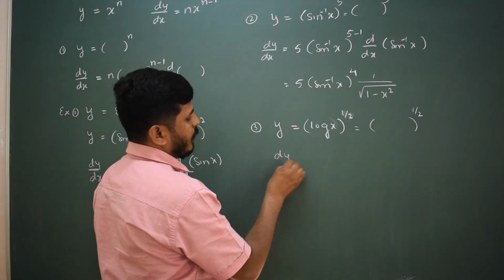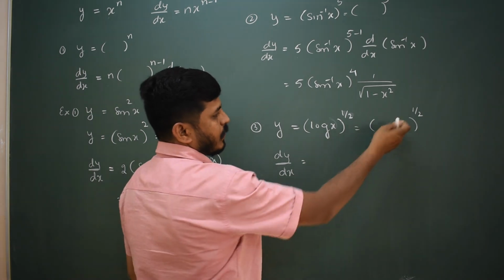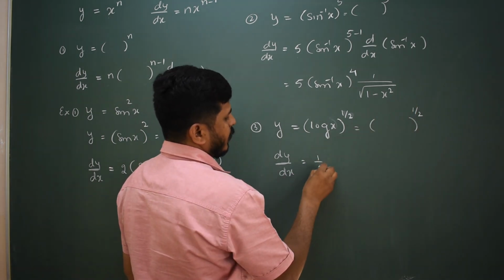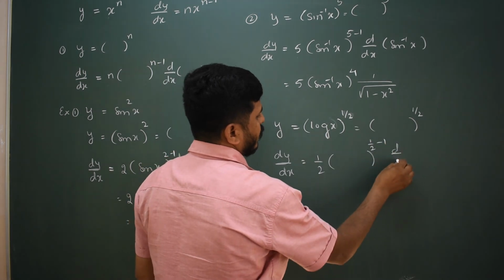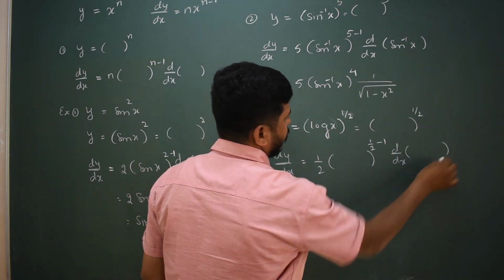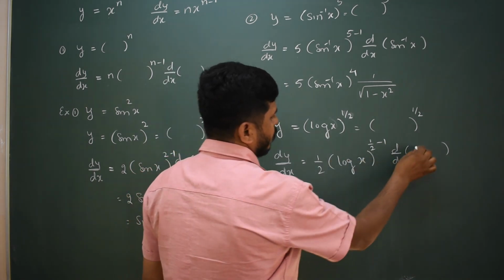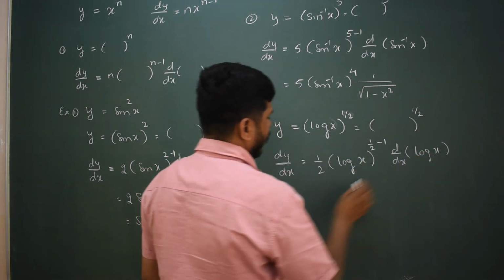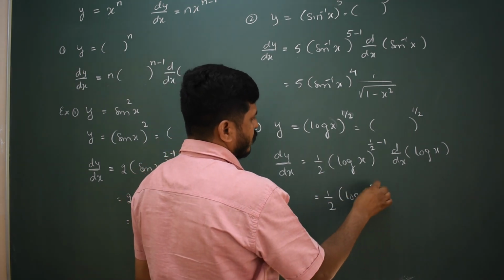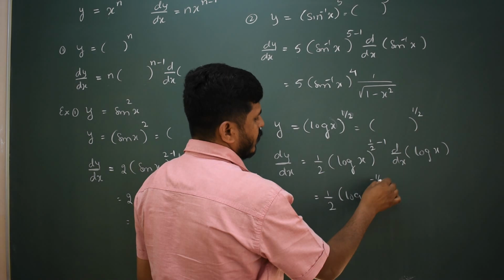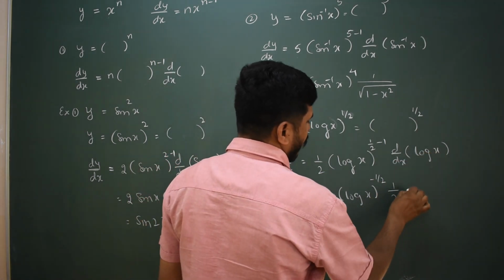Then dy by dx, using the something raised to n formula, is n into something raised to n minus 1 into d by dx of something. What is something? Log x. That's equal to half into log x raised to half minus 1, that is minus half, into differentiation of log x, which is 1 by x.